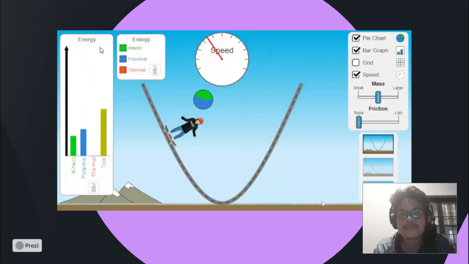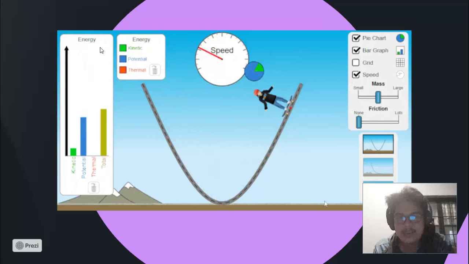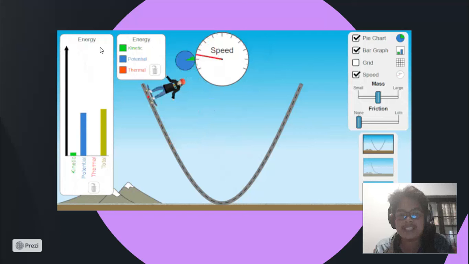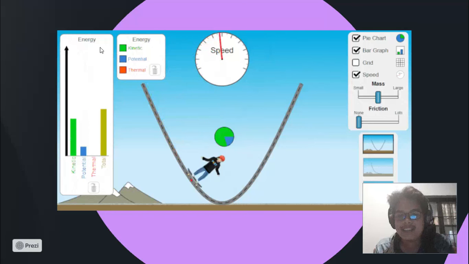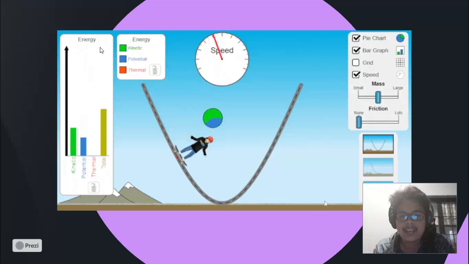What you will notice in its potential and kinetic energy is that at the highest point, the potential energy is the highest, while the kinetic energy is the highest at the lowest point, which is where the rider is fastest.